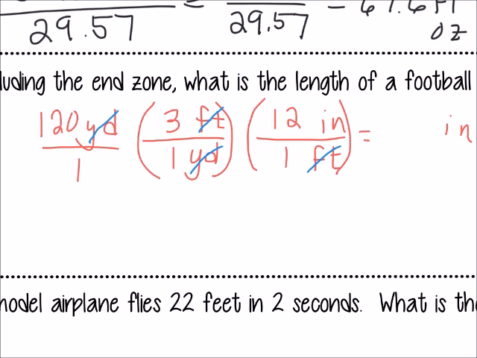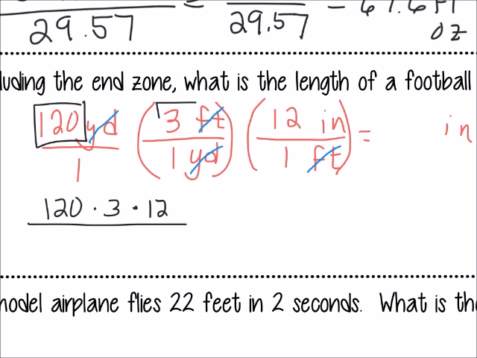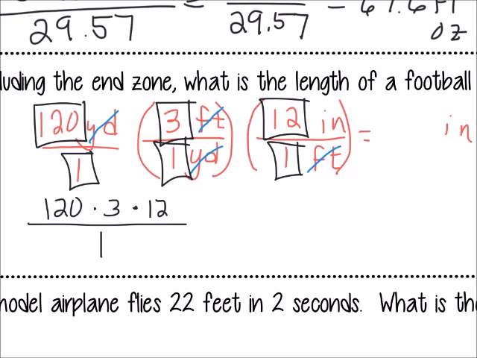So we're going to do that math first by identifying 120 times 3, so we're doing the numerator, times 12. So we get all of those numbers from up here. And then the denominator, we have a 1 times 1 times 1, which is just going to give us a 1.